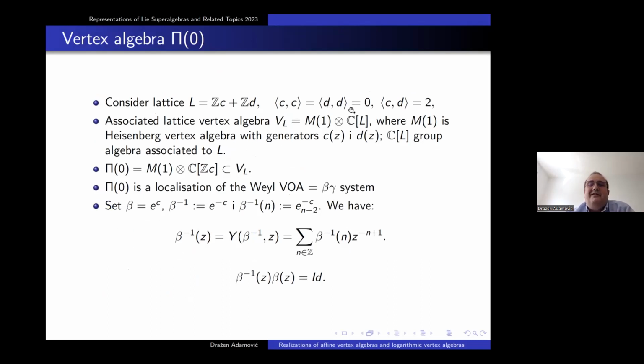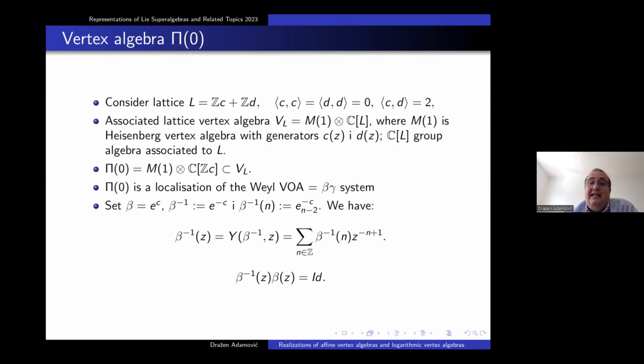So we start from some hyperbolic type lattices of rank 2, and then we associate a lattice vertex algebra of rank 2 to this hyperbolic lattice. So we have a lattice vertex algebra, but then we just take half of the lattice element, and then we consider the tensor product of the Heisenberg, which is always called M1, but rank 2 Heisenberg, we just take a rank 1 lattice. This is also called half lattice VOA.